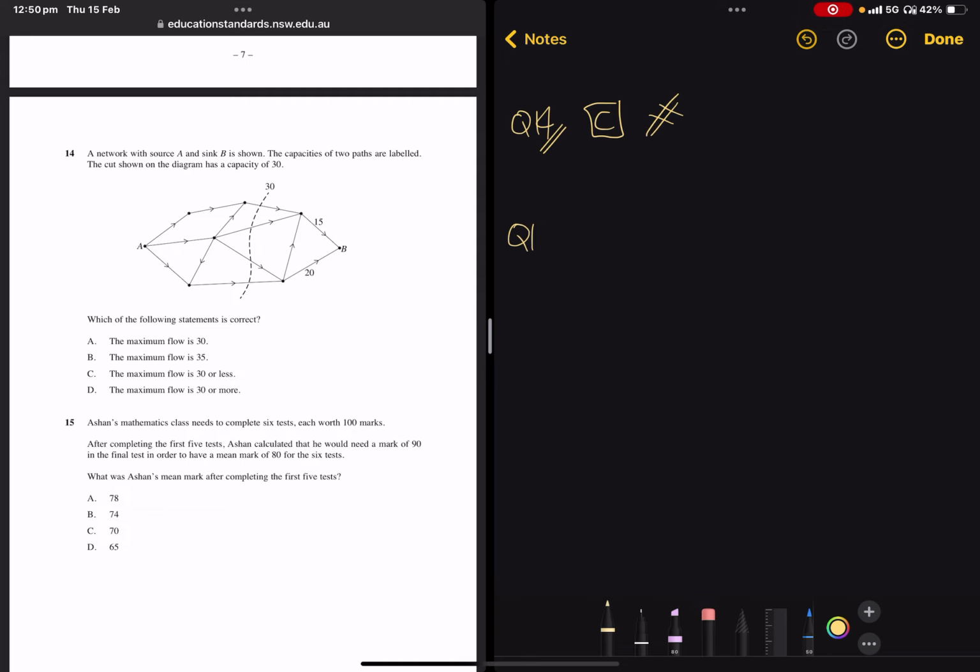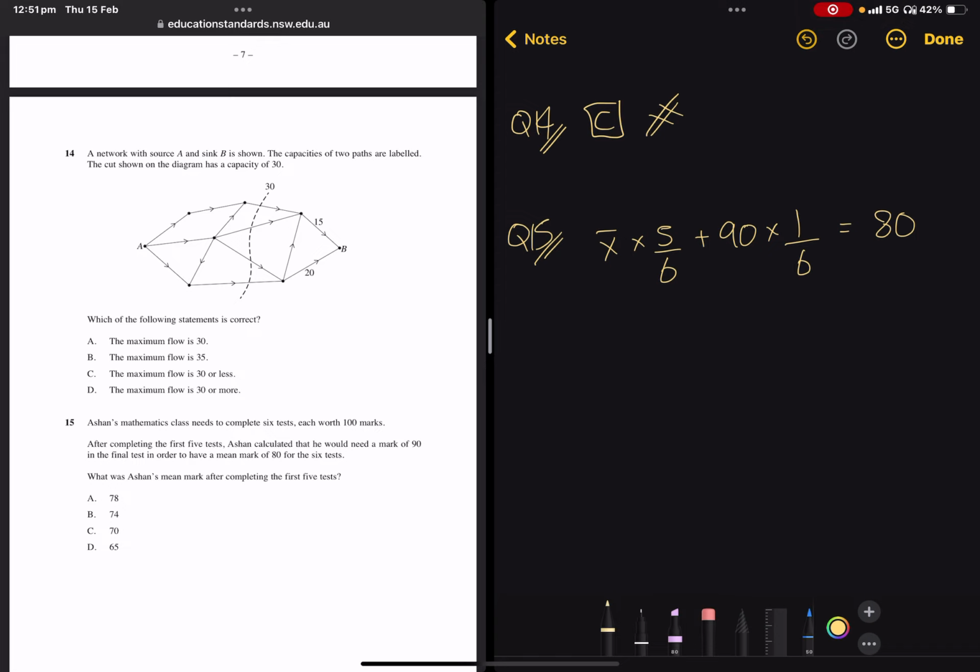Now our last question in this set, question 15, we're told Ashan's mathematics class needs to complete 6 tests, each worth 100 marks. After completing the first 5 tests, Ashan calculated he would need a mark of 90 in the final test in order to have a mean mark of 80 for the 6 tests. Okay, so whatever his mean mark was for the first 5, multiplied by 5/6, added with 90, multiplied by 1/6, is going to be equal to 80, right?